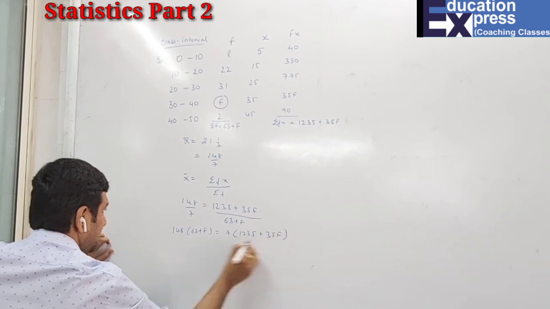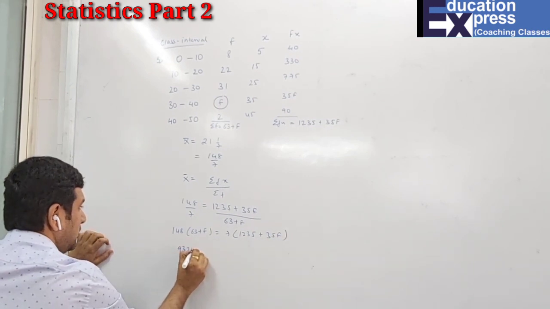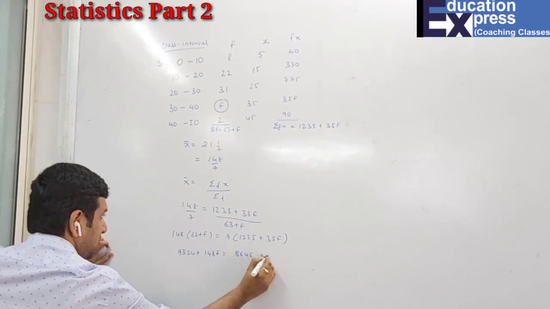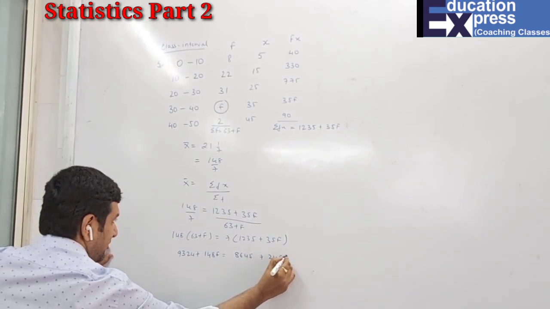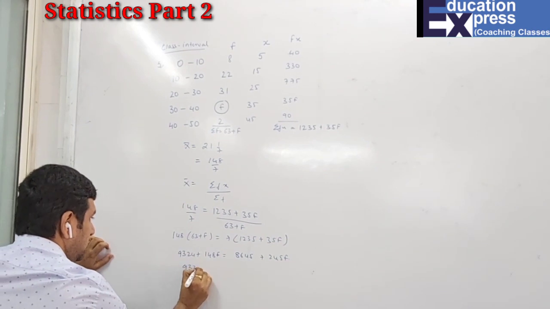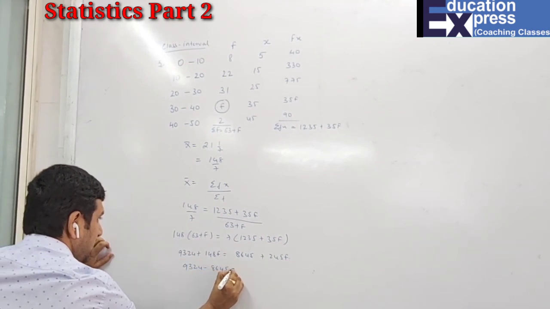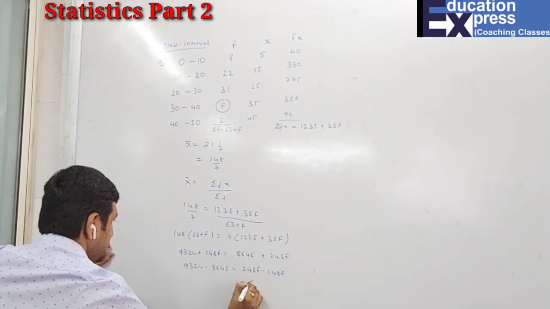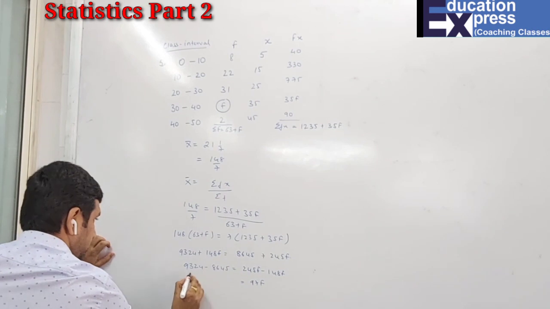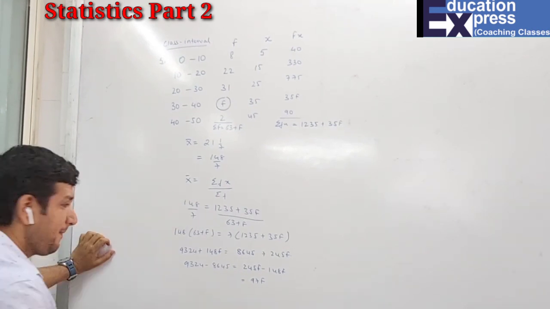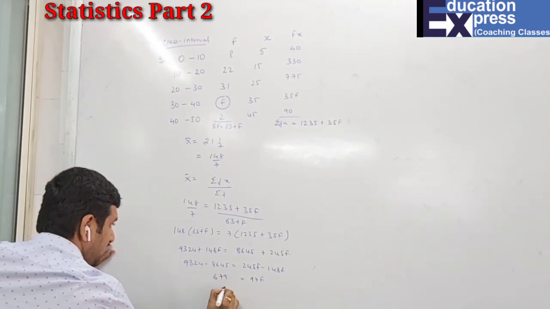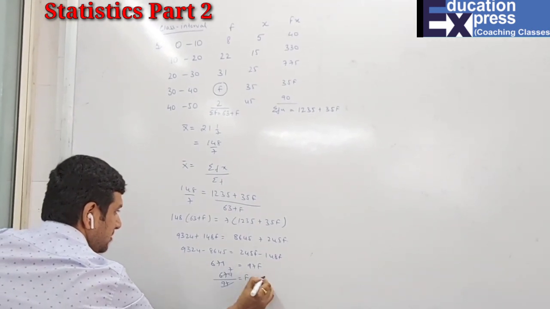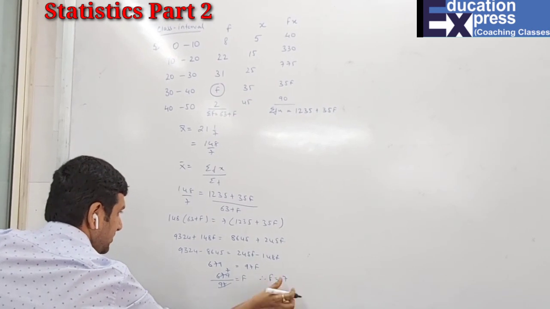If we multiply, you get 9324 plus 148f equals 8645 plus 245f. Now 9324 minus 8645 equals 245f minus 148f. That is 97f, and this is 679 upon 97. Hence your f is 7.